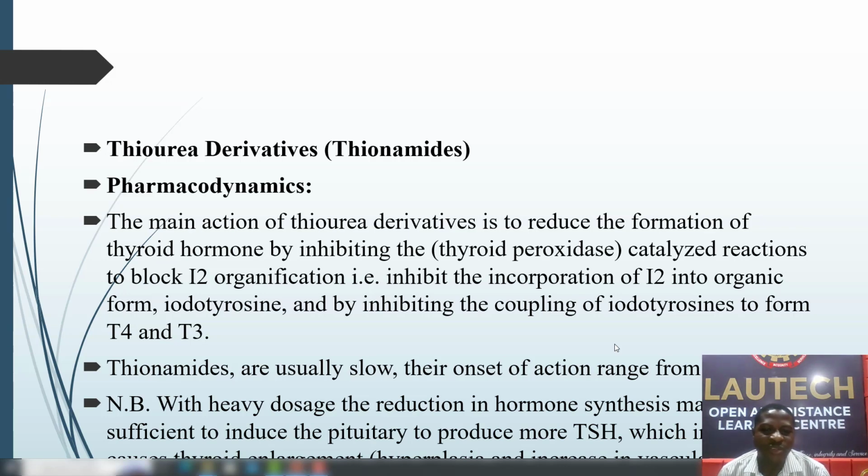Thionamides are usually slow. Their onset of action ranges from 2 to 3 weeks. Note, with every dosage, the reduction in hormone synthesis may be sufficient to induce the pituitary to produce more thyroid-stimulating hormone, which in turn produces thyroid hormones.